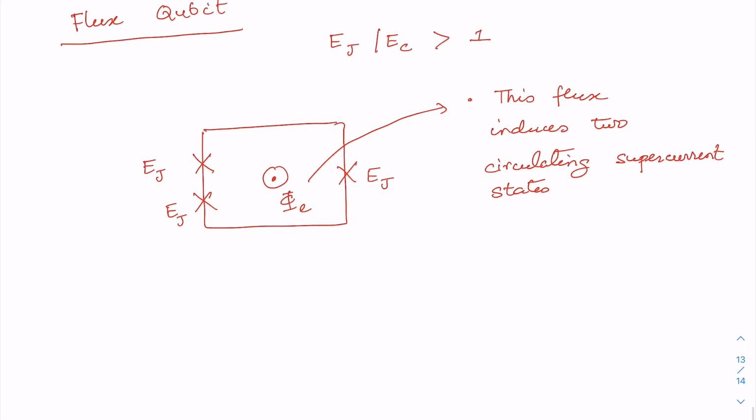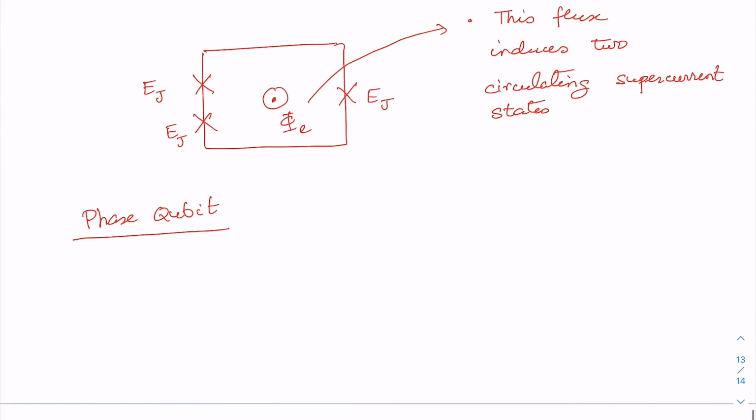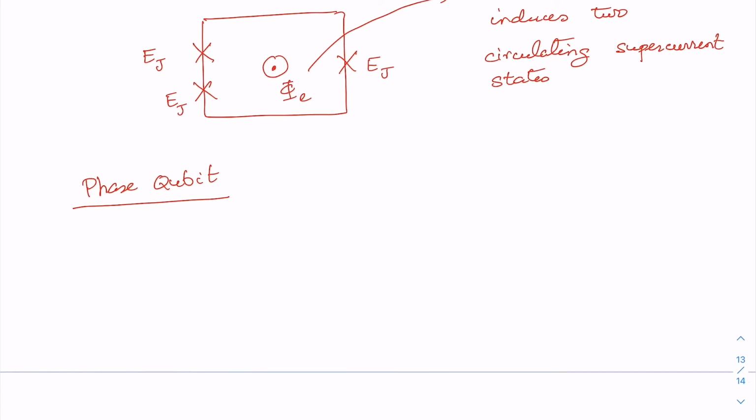Another one is the so-called phase qubit, and it basically consists of a single Josephson junction. So you have a Josephson junction like this, connected to an external current source.